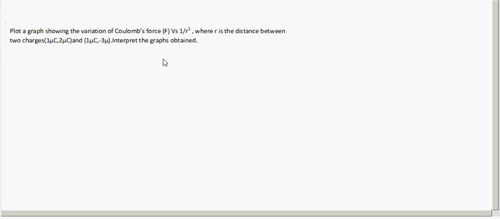Interpret the graphs obtained. What is being asked? Plot the graph of F versus 1 by r square.